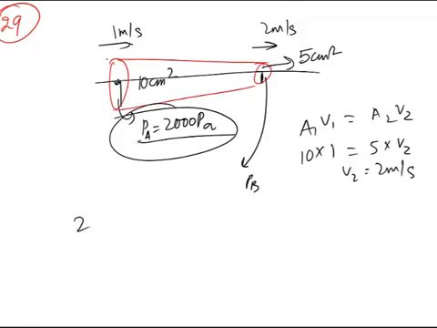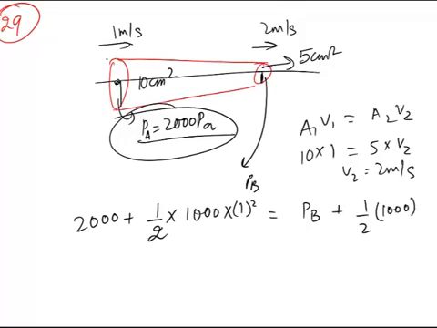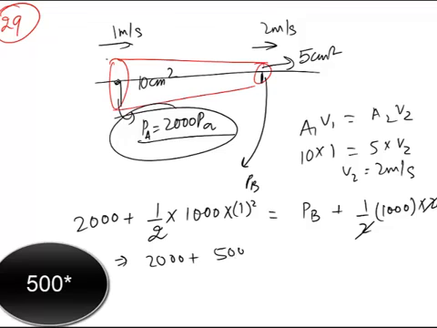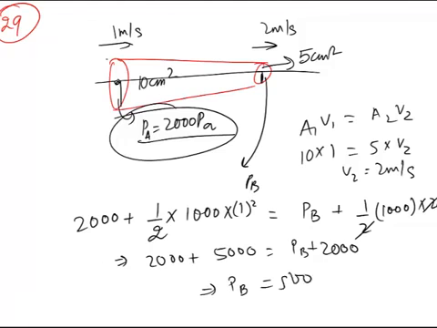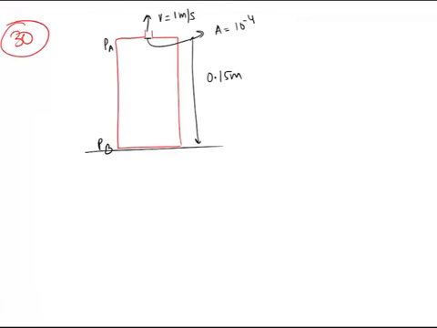So PA, that is 2000, plus half rho VA squared, rho is 1000 because it's water they are carrying, into VA squared, that is 1 squared, must be equal to PB, which is what we have to find, plus half rho into VB squared, and VB we have found to be 2, so 2 into 2. So this is 2000 plus 500 equals PB plus 2000. Hence PB is simply 500 Pascals.